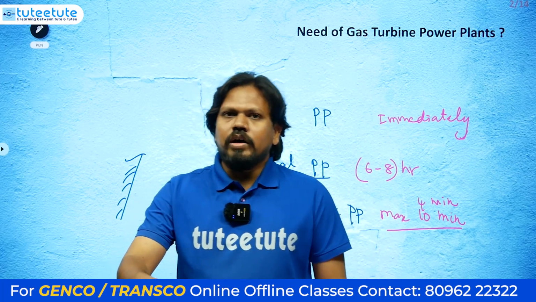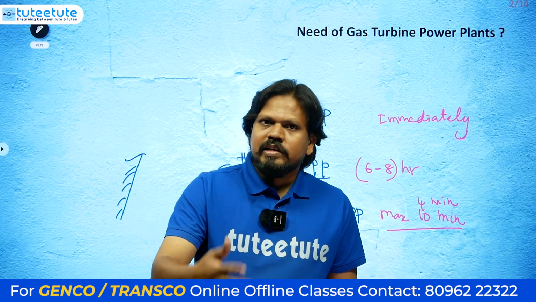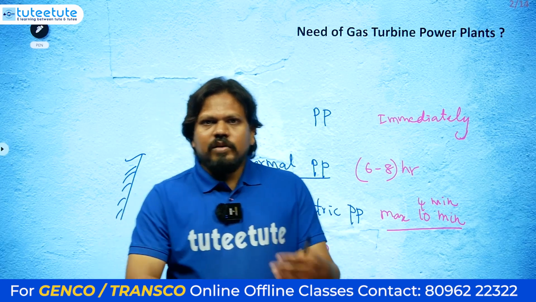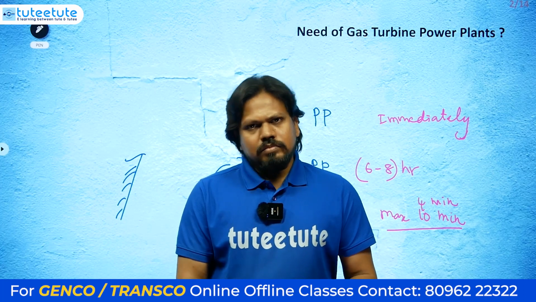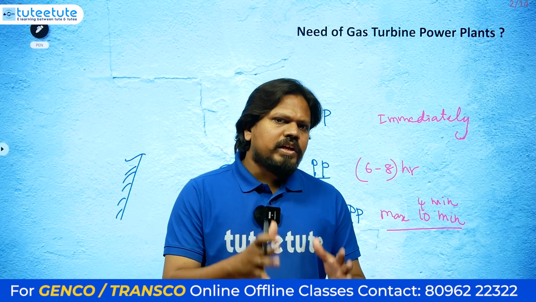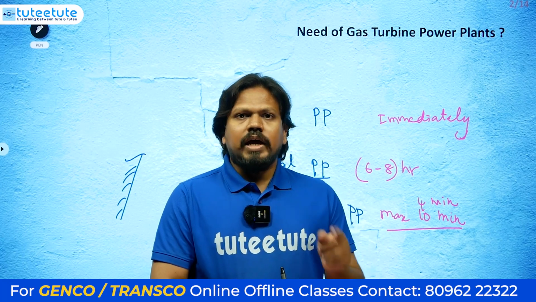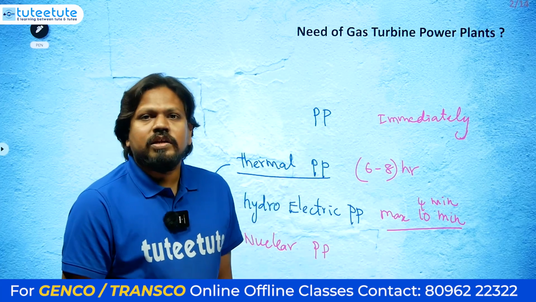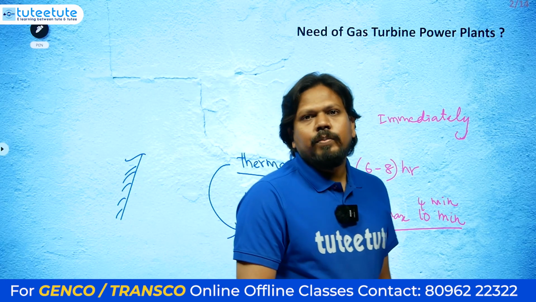Whenever you turn on the ignition, burning starts inside and mechanical energy starts. That mechanical or rotating part will drive our generators. That's it, that easily we can generate. So within a very short time we can start the generation. That kind of power plant we need, and that's our gas turbine power plant.